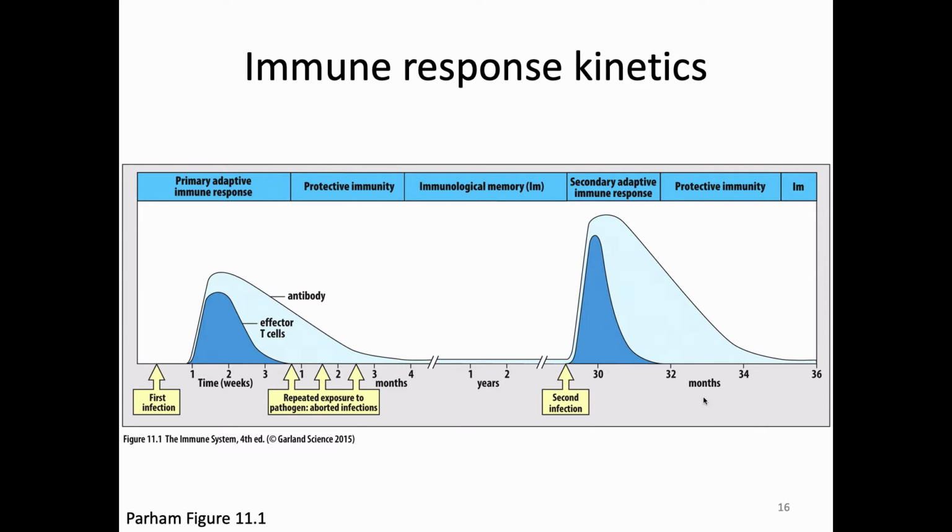We can see a lot of different types of responses that may happen following our initial infection. In the short term, after our initial infection, we may still have effector cells and antibodies around. So if you get sick and then your little brother gets sick, like a week later, you might still have high levels of effector T cells and antibodies.